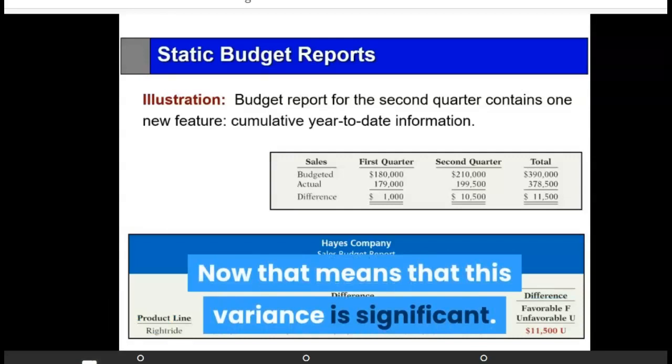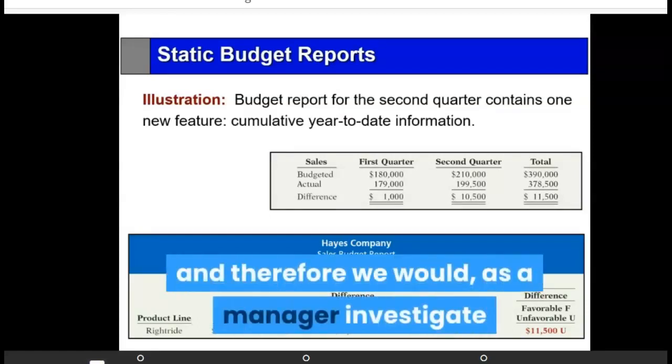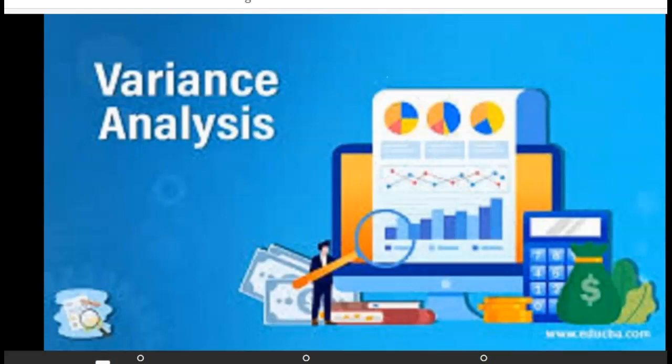Now, that means that this variance is significant. There must be a reason why we're out $10,500, and therefore we would, as a manager, investigate that, or report back to senior management why we have a $10,500 unfavorable variance.